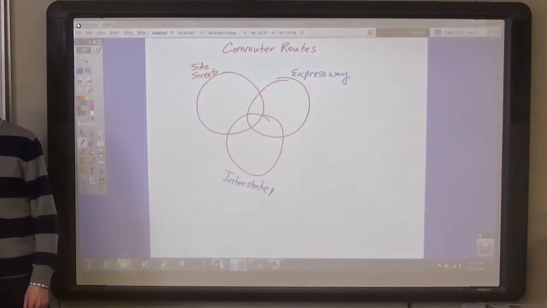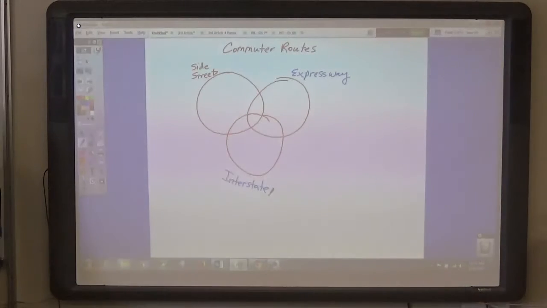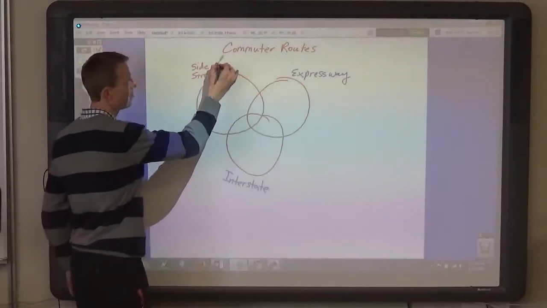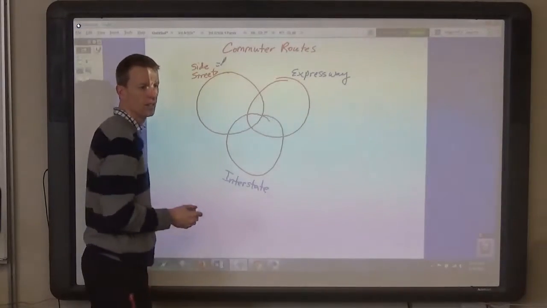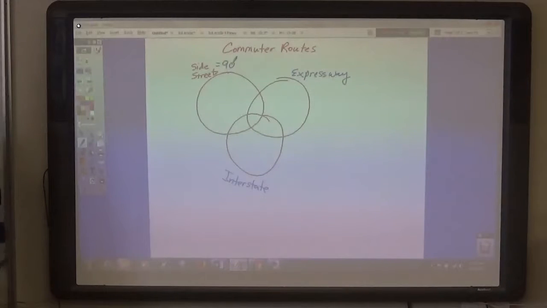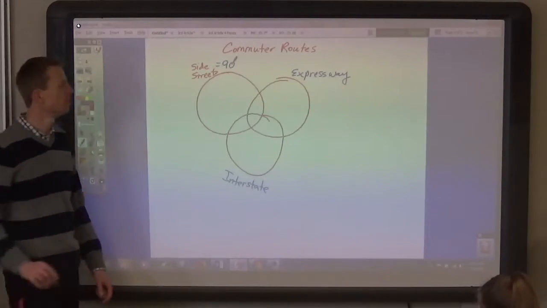Then, let's read the question. Commuters were asked in a survey what types of roads they travel on to work. The results of the survey show that 90 commuters use side streets. So what should we put next to side streets? 90. 75 use expressways.